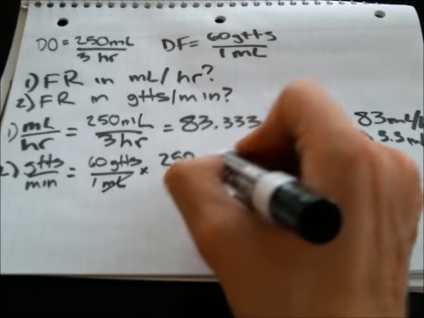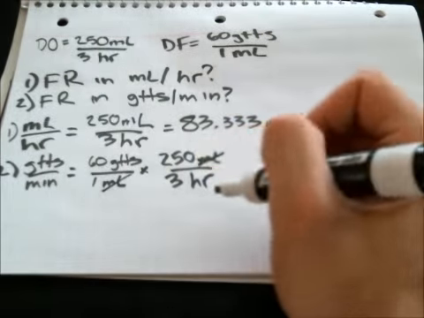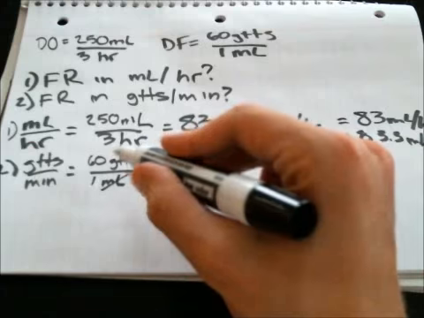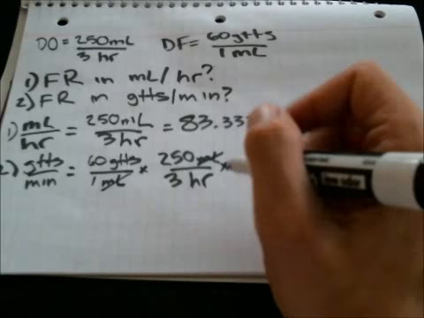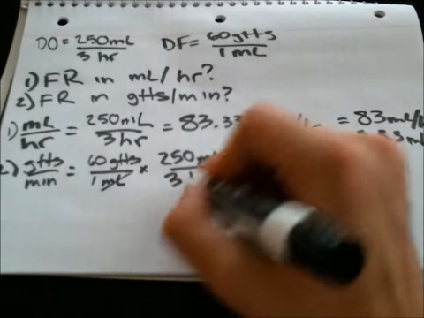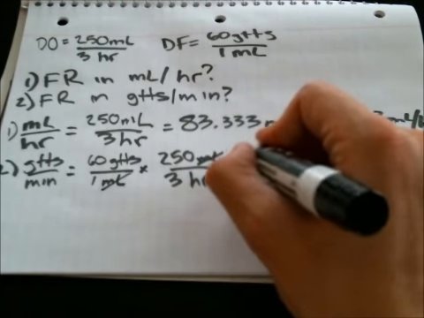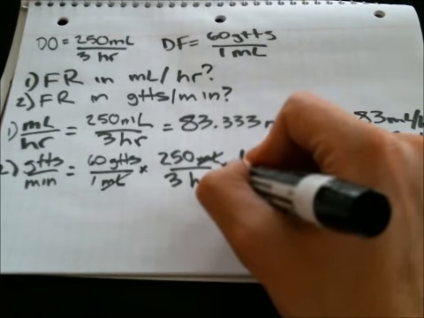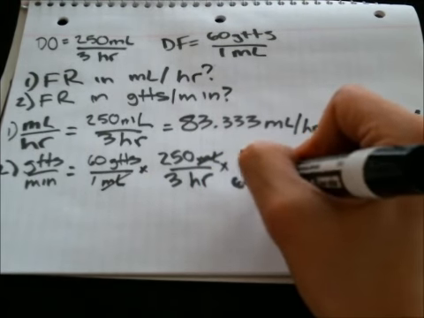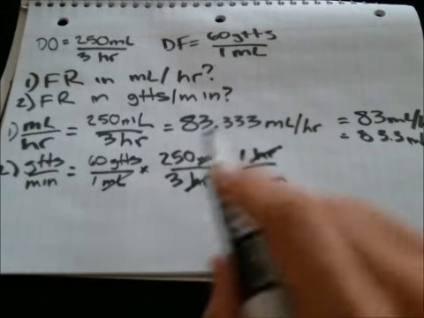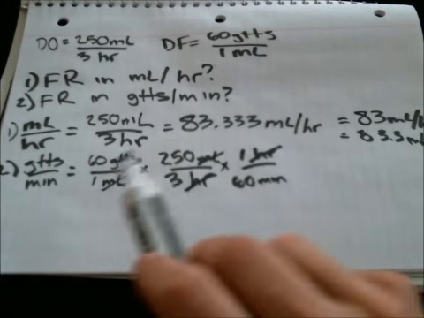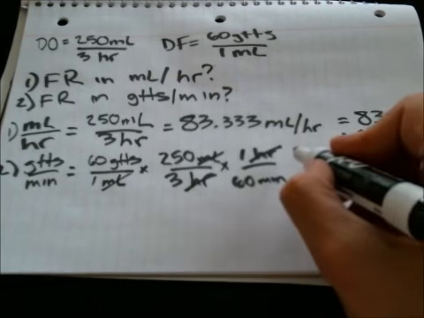Now we can cross out milliliters. And now we have drops per hour. But we need drops per minute, so we need another conversion, right? So we know, so that we can cross cancel, that 1 hour has 60 minutes, right? We can now cross out hours, and we're left with drops per minute, which is what we need.